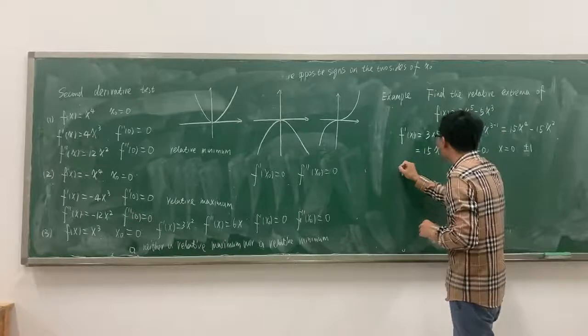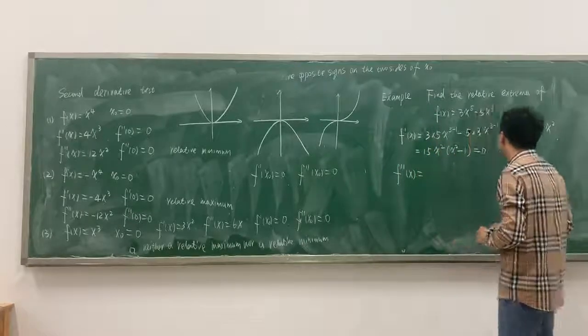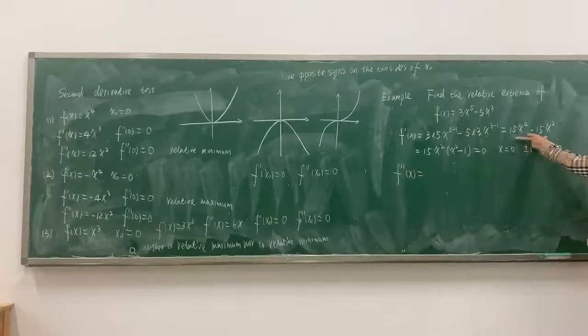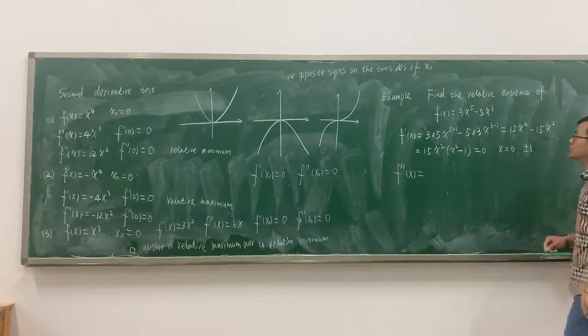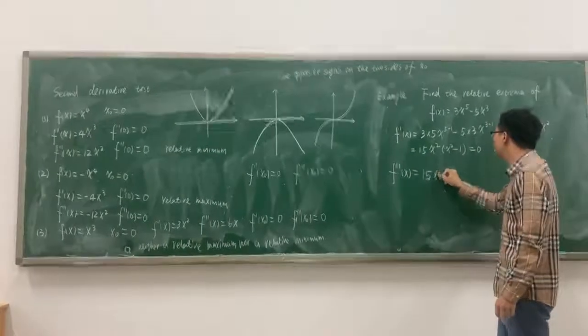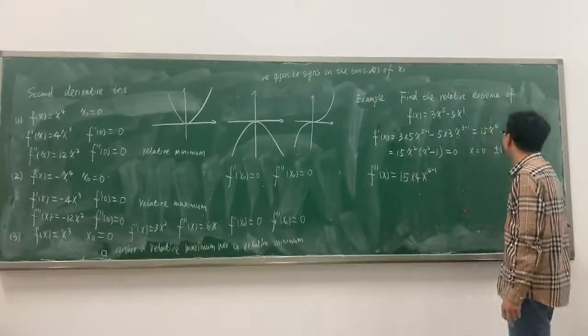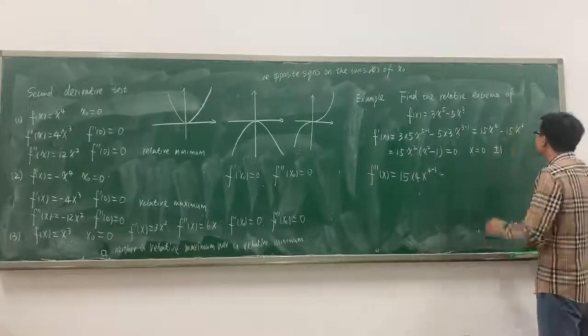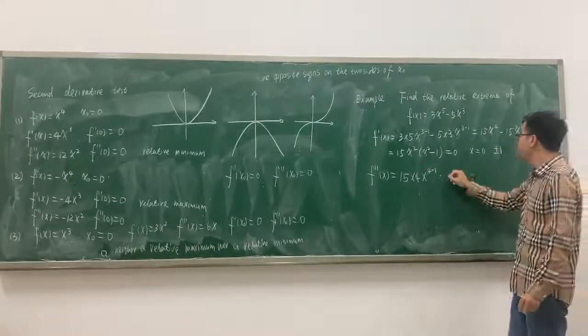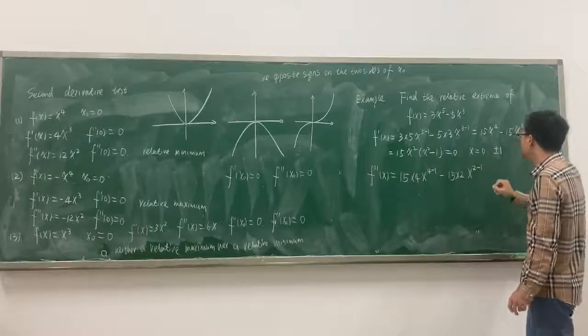So the second derivative f double prime of x is the derivative of this. That is 15 times 4x times x to the power 4 minus 1, minus 15 times 2x.